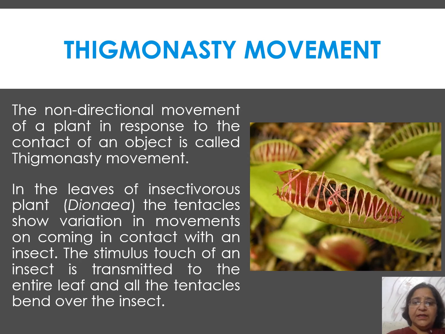The stimulus of touch of an insect is transmitted to the entire leaf, and the tentacles bend over the insect. This is Dionaea, the Venus flytrap plant. You must have heard the name of this plant.